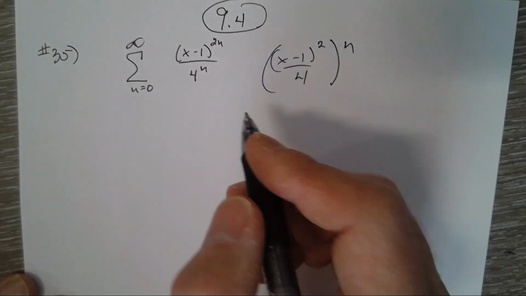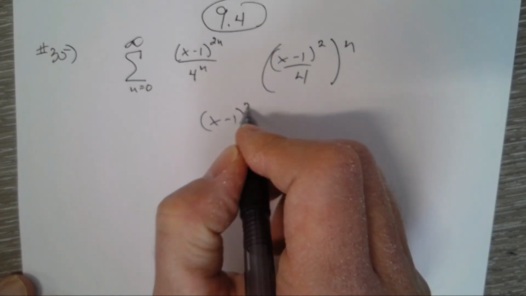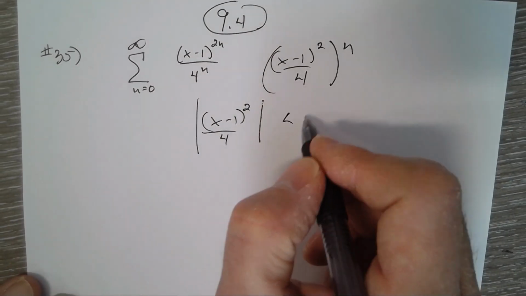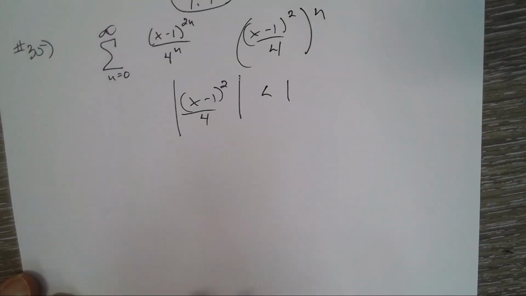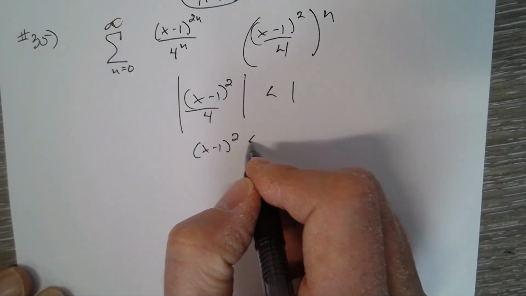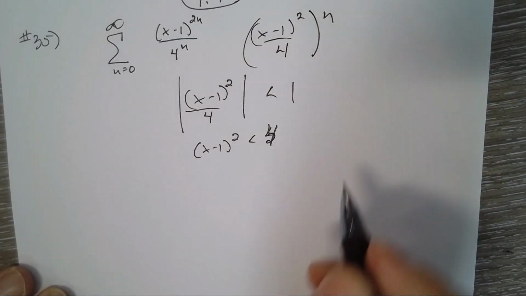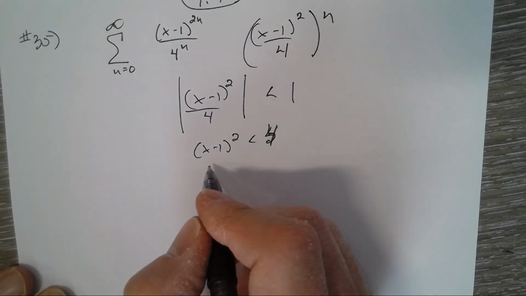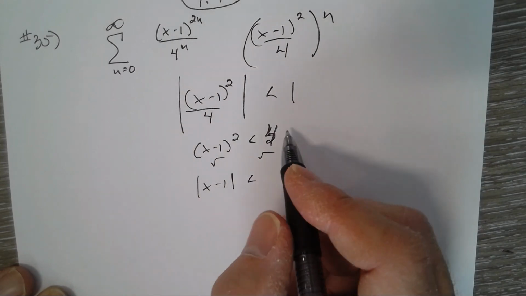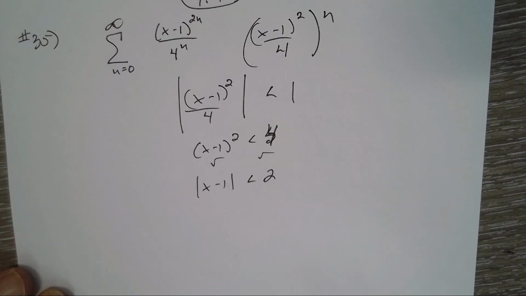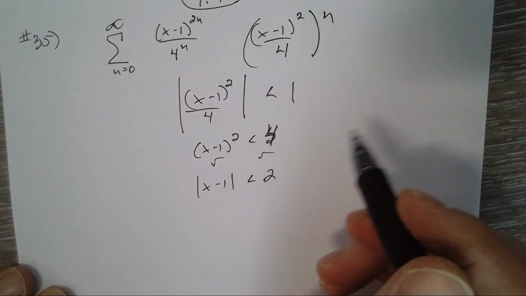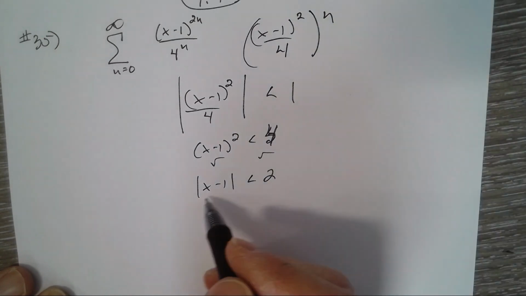So this, the absolute value of it has to be less than 1. Well, we can multiply both sides by 4. Then take the square root. So x minus 1 absolute value is less than 2. It'll never be less than -2 because this has to be positive.